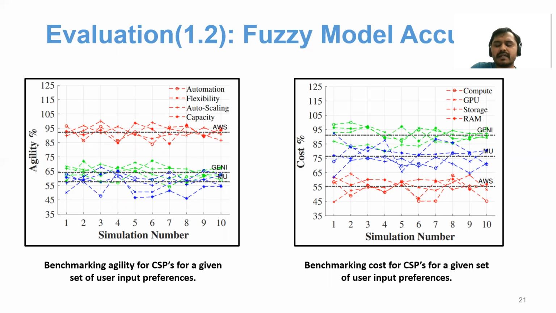While AWS is the costliest option here, so it goes down in the benchmarks. So this suggests that the first level of hierarchy from the fuzzy inference model works well, and it can benchmark different cloud providers with respect to users' preferences.